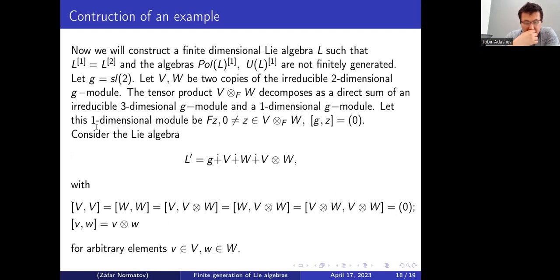Let the one-dimensional module be Fz. Z is the non-zero element of this tensor product with the condition Gz equals 0. Consider this algebra, the semi-direct sum of these four vector spaces with these brackets.